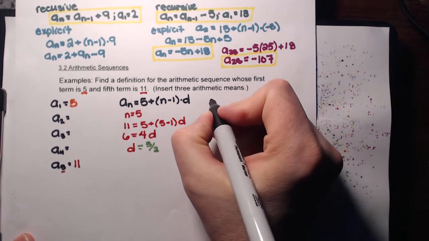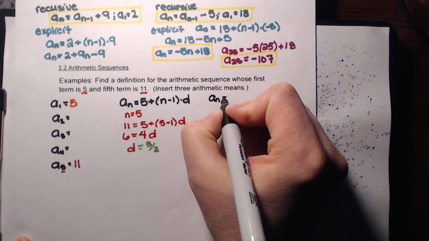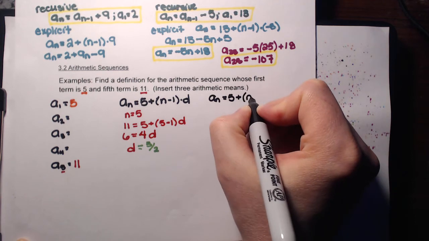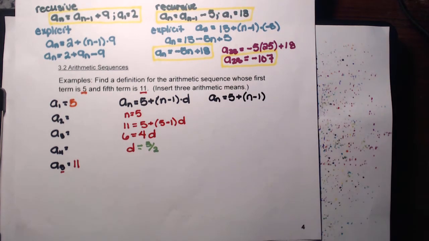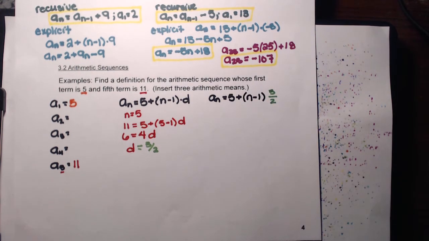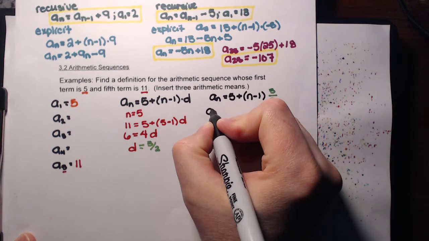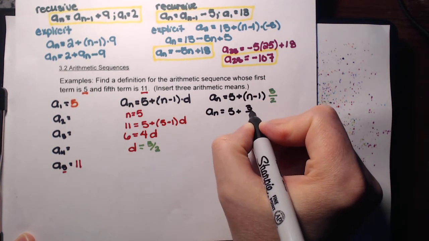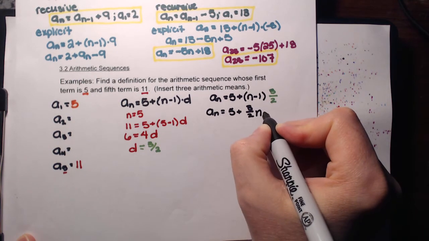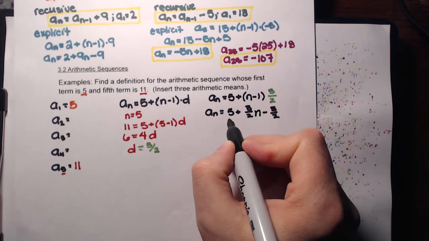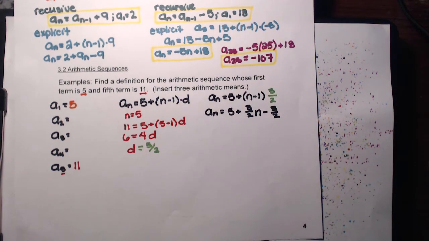So I have a subscript n equals 5 plus n minus 1 times that difference. I'm going to distribute that in. So I have 3/2 n minus 3/2. So I'm going to get a common denominator.